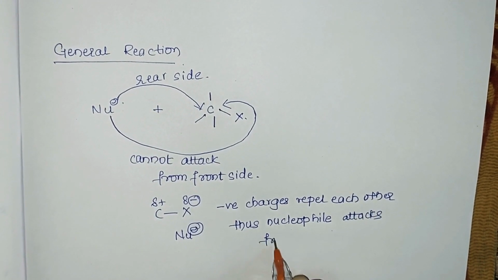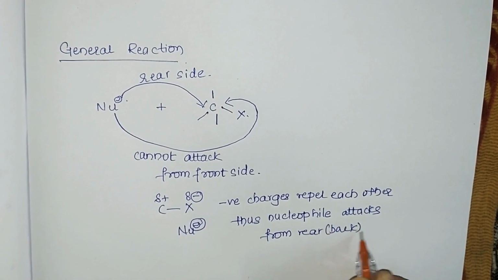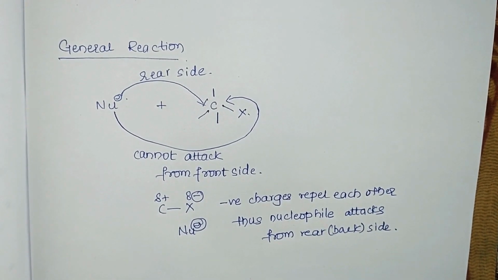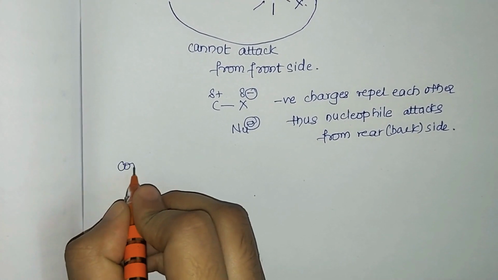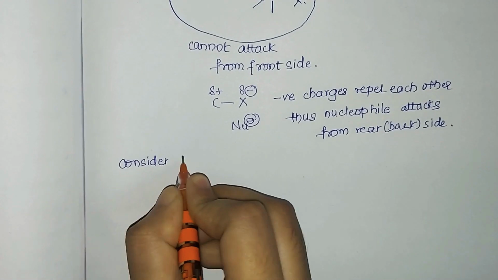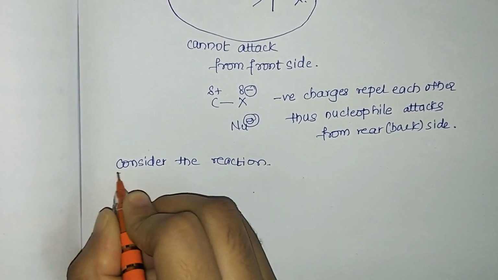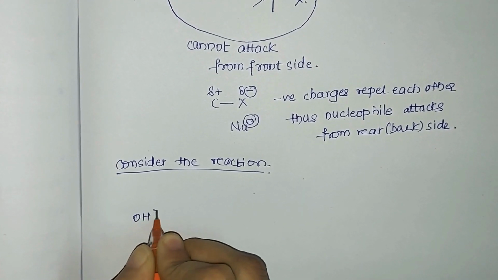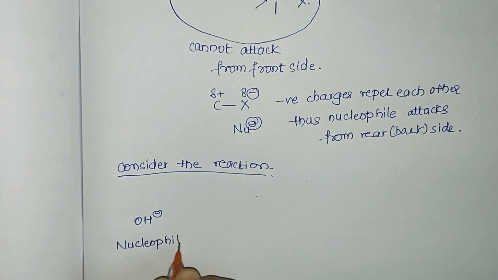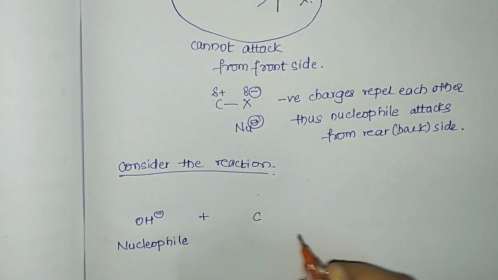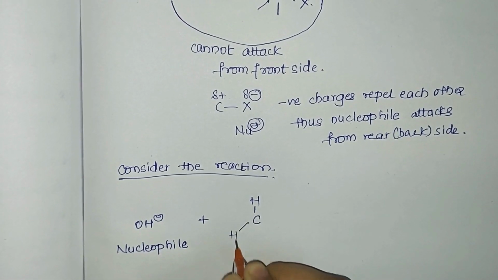So what do we observe here? The nucleophile can attack from the rear side, that is from the back side, but not from the front side. So what will be the product obtained here? Let us consider a reaction. We observe that our nucleophile will take our substrate, that is alkyl halide. See which kind of alkyl halide I am taking here.